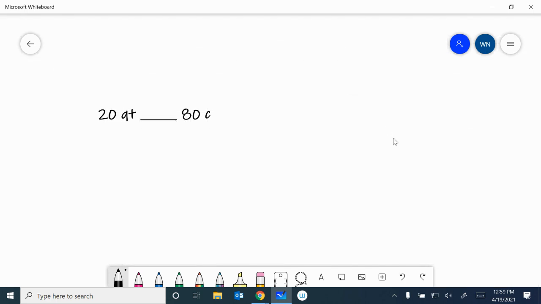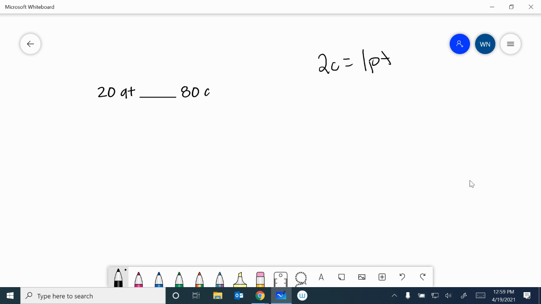Go ahead and compare these two, 20 quarts to 80 cups. Quarts to cups. All right, for this one, I know that there are 2 cups in 1 pint and 2 pints in 1 quart.